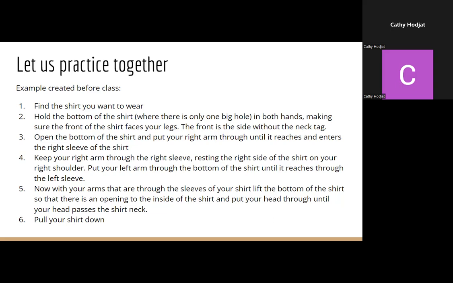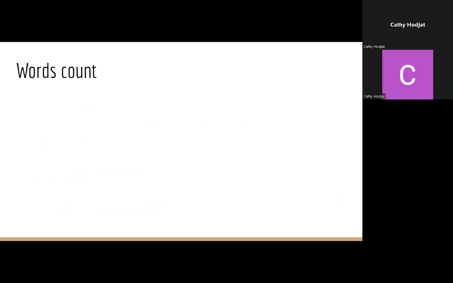So you want to think about the wording and think about if the reader has never done this before. Make sure that they understand the different parts that you're talking about. Words count. So you want to make sure you're using action words so that the reader knows what they're doing.